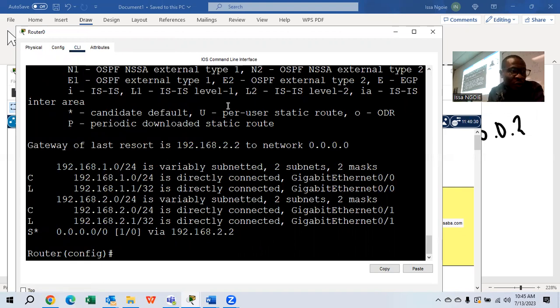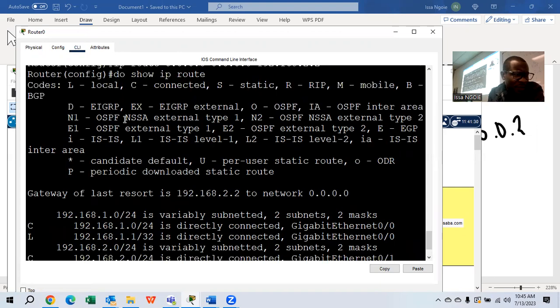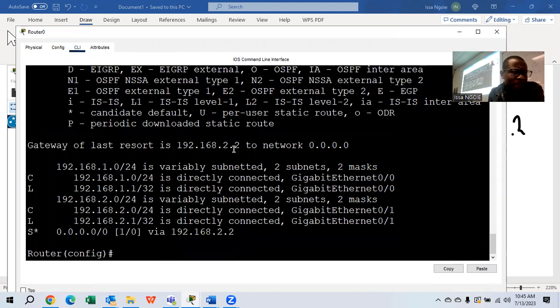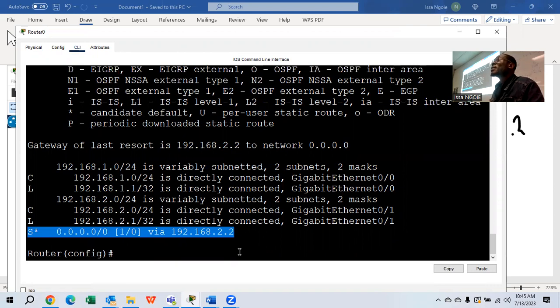When you go up from the code here, it must be shown somewhere here, but we're gonna check. Yeah, here, like default. So this is your default route, right? This one above.